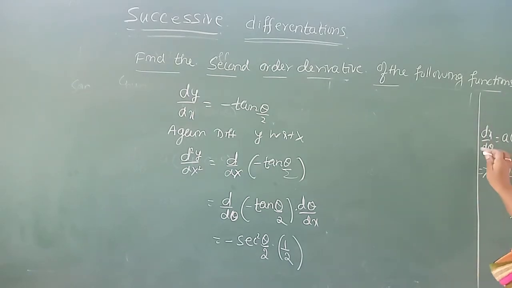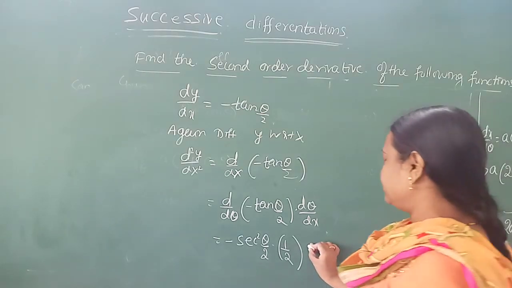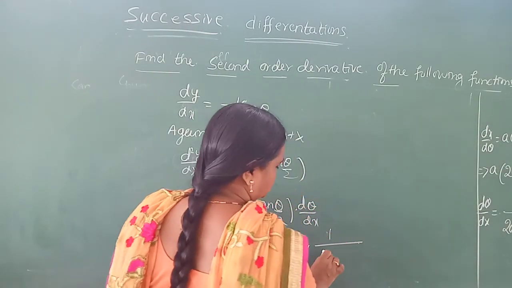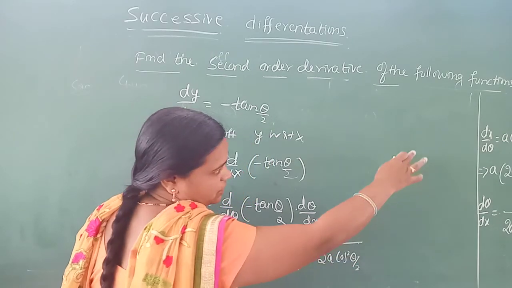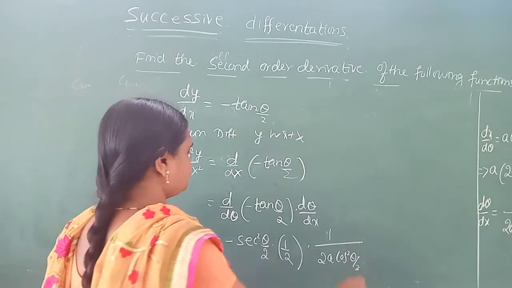This is dx by d theta. d theta by dx is the reverse form. Reverse form means it is 1 by 2a cos square theta by 2. Therefore, this can be written as 1 by 2a cos square theta by 2. How? I explained afterwards.